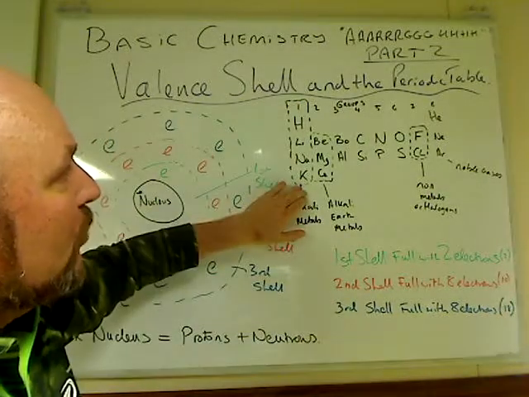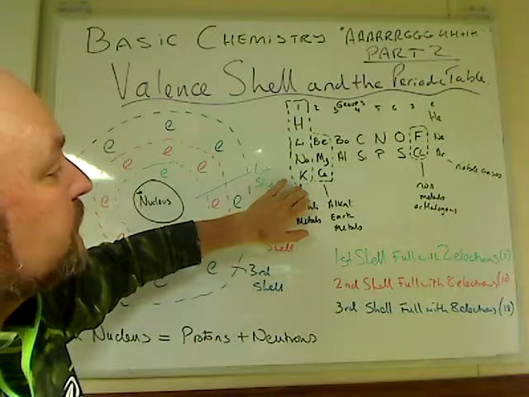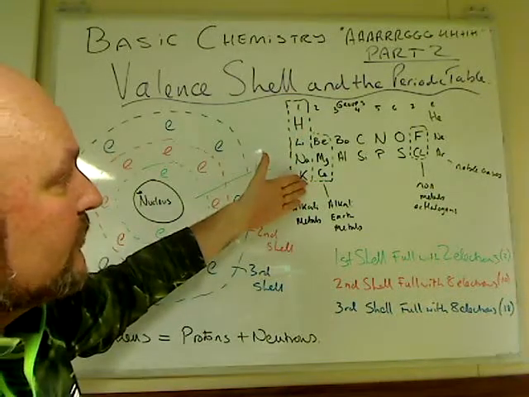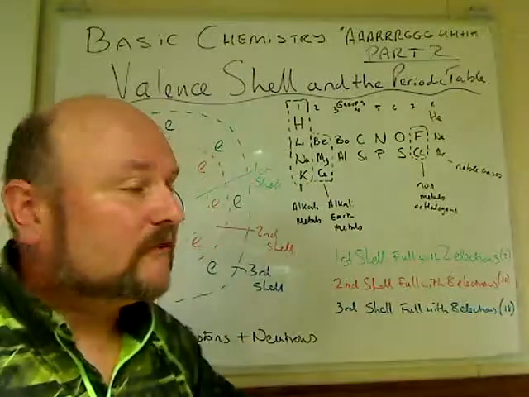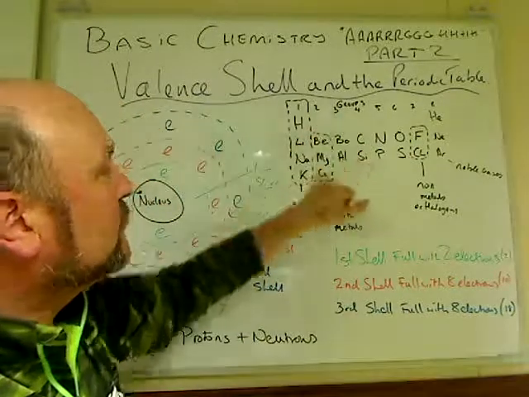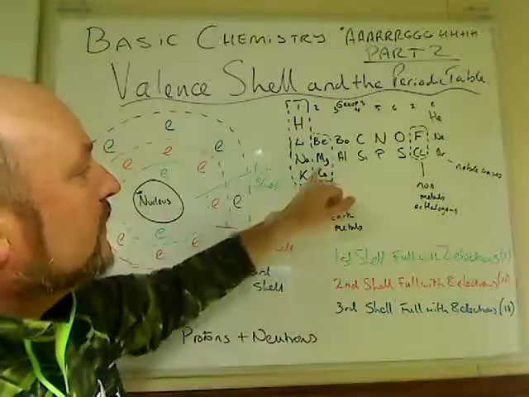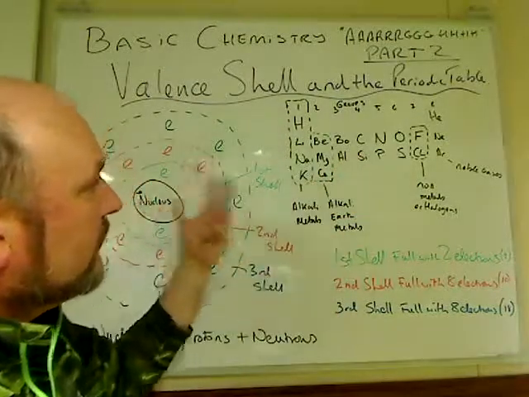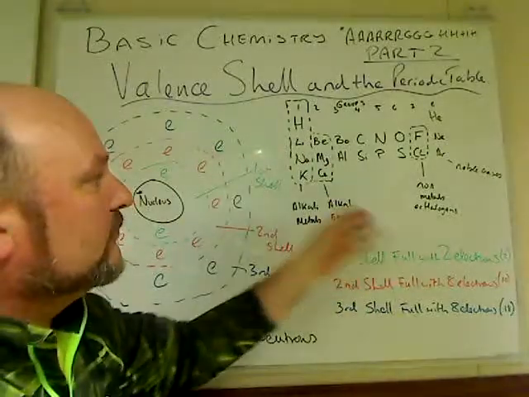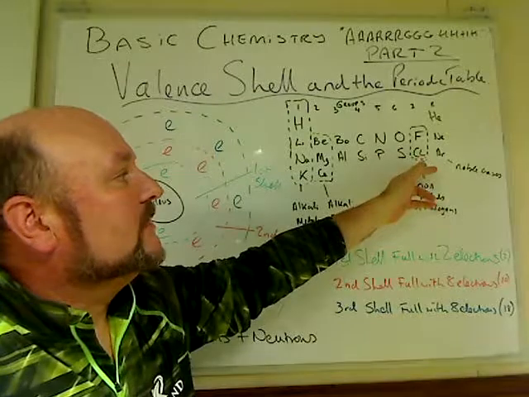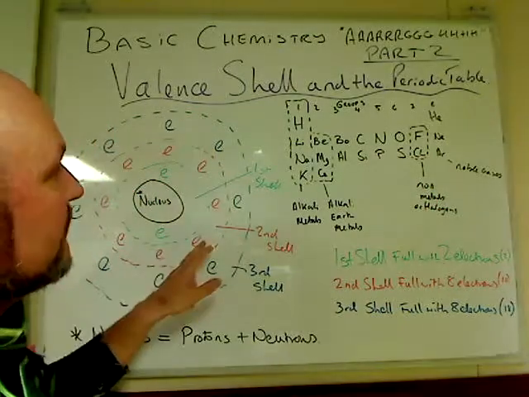So the group 1 elements all have 1 electron in their outer shell. Now hopefully you can make an intuitive leap now and say, okay, well group 2 will have 2 in their outer shell. And then group 3 will have 3, 4 will have 4, 5 will have 5, 6 will have 6, and 7 will have 7.